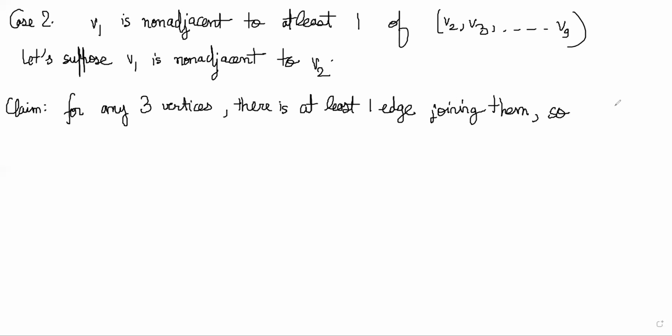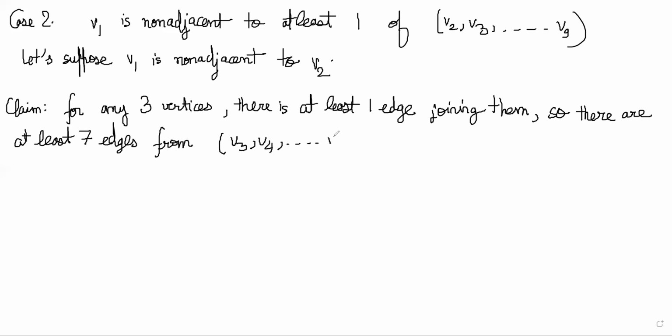So there are at least 7 edges from V3, V4, up to V9 to either V1 or V2.